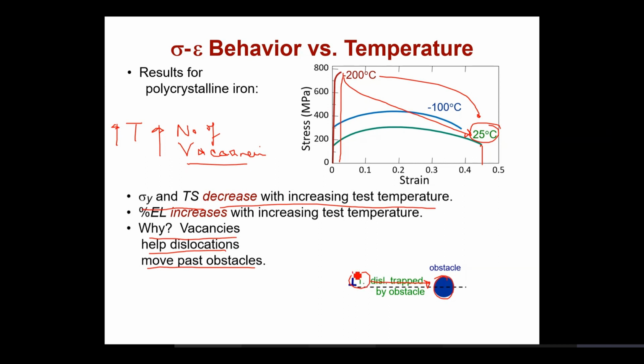So, if there is a dislocation over here and it is having an obstacle in its path, the dislocation would get trapped due to this obstacle, which essentially increases its strength. But if we increase the temperature, what would happen over here would be that initially the atoms which were over here, by increasing the temperature, these atoms would move away and create vacancies. And these vacancies would now create an alternate path for the dislocation.